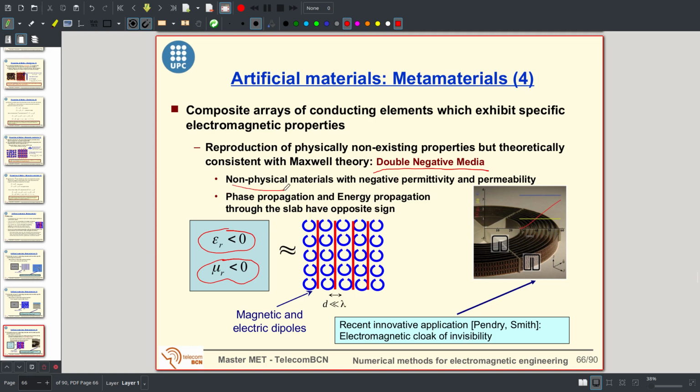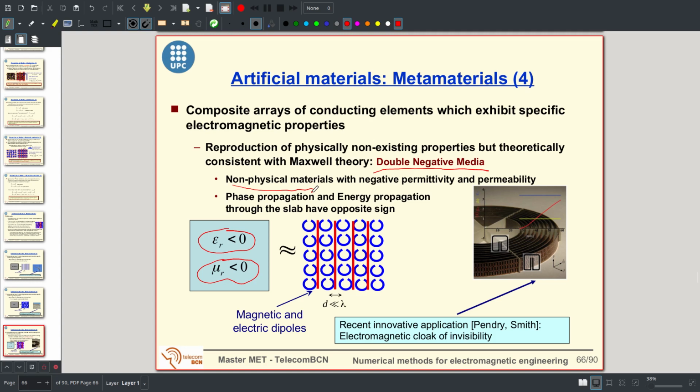For example, the propagation is negative in the sense that the wave velocity is negative. The wave velocity is opposite to the group velocity and the velocity of energy, and the direction of phase velocity is opposite to the direction of the propagation of energy.